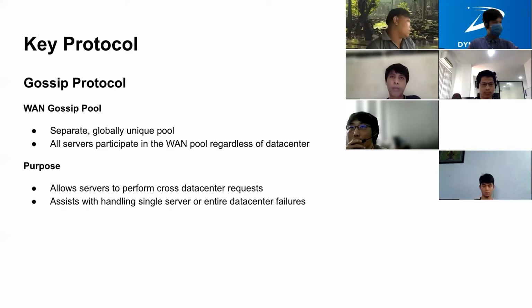And the WAN gossip pool is a separate, globally unique pool, and all the servers participate in the WAN pool regardless of data center. Its purpose is to allow servers to perform across multiple data centers and assist with handling single server and entire data center failure.